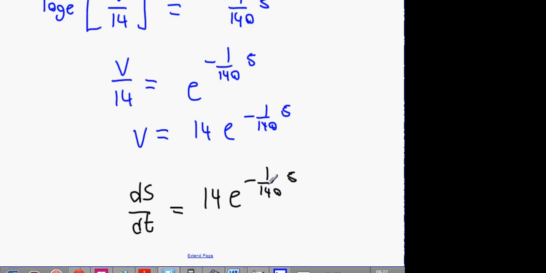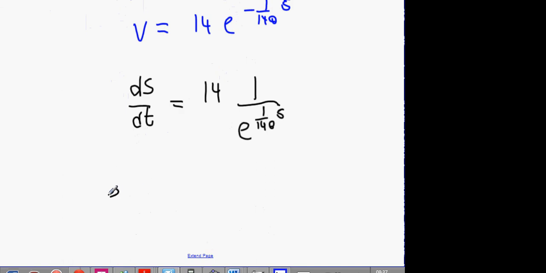That e to the minus S over 140 can be rewritten as 1 over e to the plus S over 140. Cross multiply, and we're going to get e to the S over 140 dS equals 14 dt.